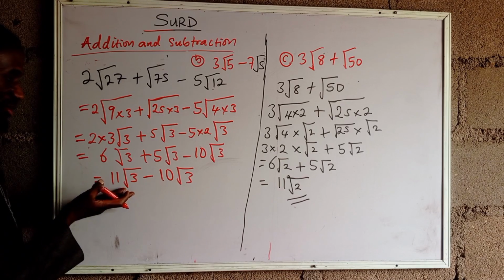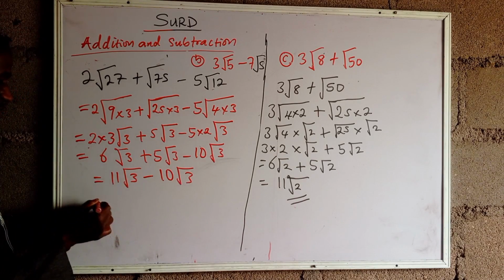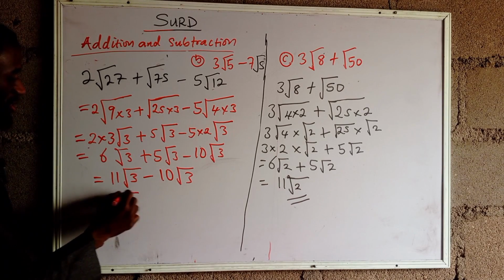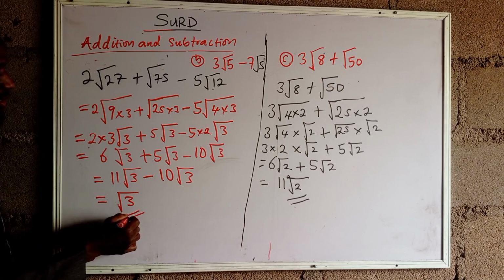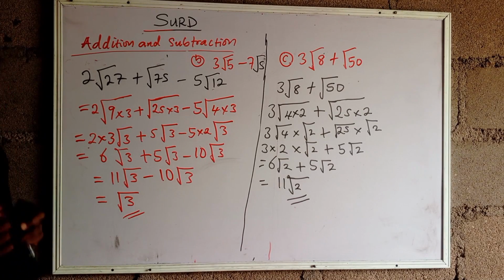Now 11 bunch of root 3 minus 10 bunch of root 3. Therefore, we have only 1 bunch of root 3. That is, we can simplify as root 3. That is our answer, root 3 only.